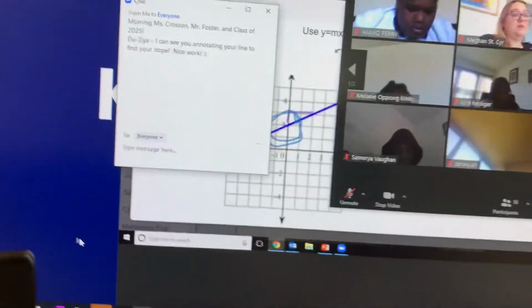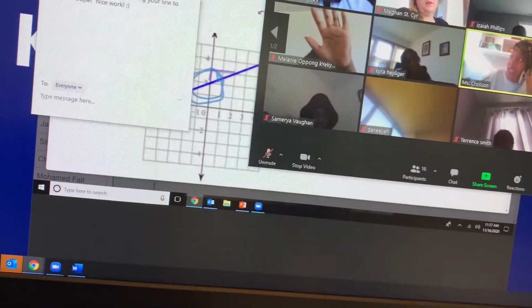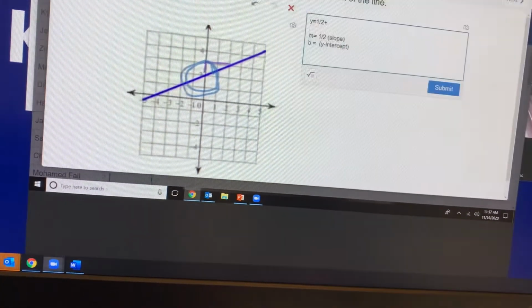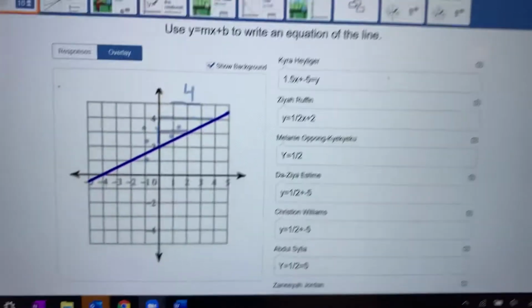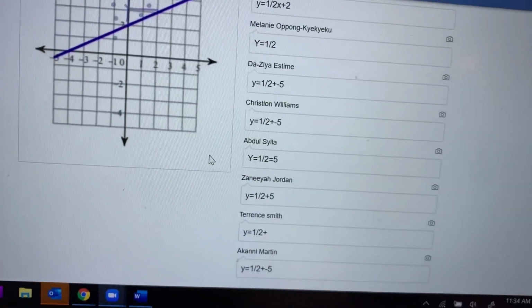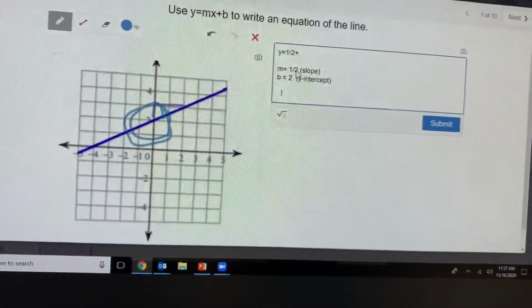Okay. I'm waiting on a number of students to still answer. Again, I have Zaya this time and I have Desire. So everyone should be putting it in the chat. Okay, I'm going to go ahead and just send it to Zaya. Zaya, can you tell us what the y-intercept is? 2. Thank you.